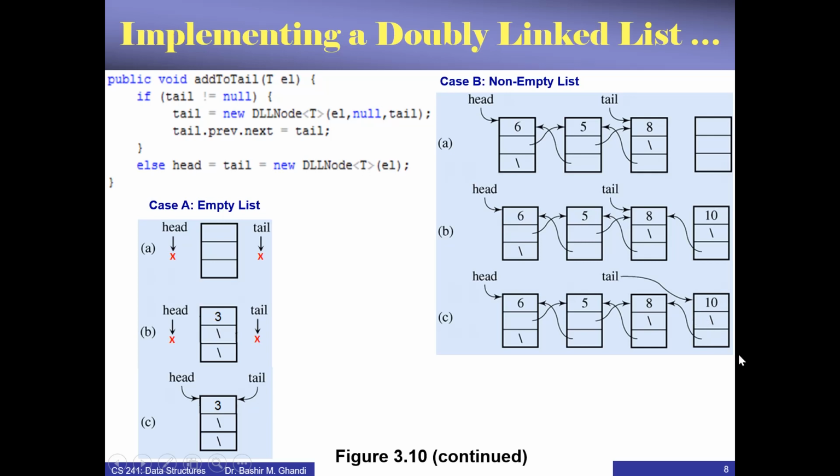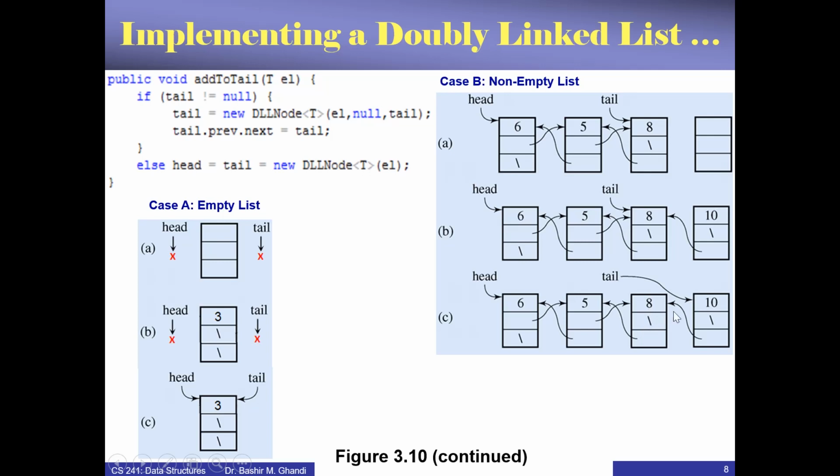Are we done yet? Actually, not yet. Because if you look closely, there is still one more link to deal with. Again, this is the difference between singly and doubly. The next of this node, the previous last node, is still null.